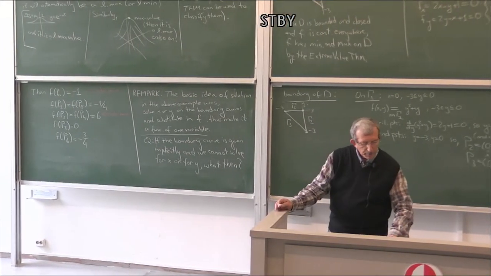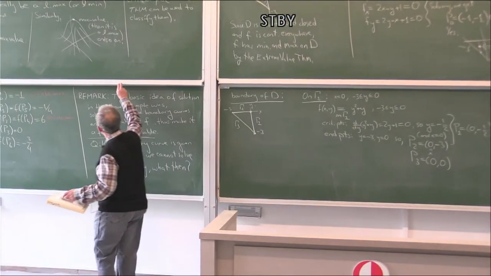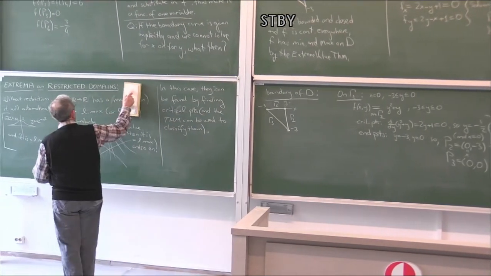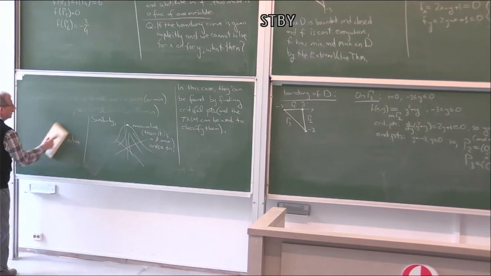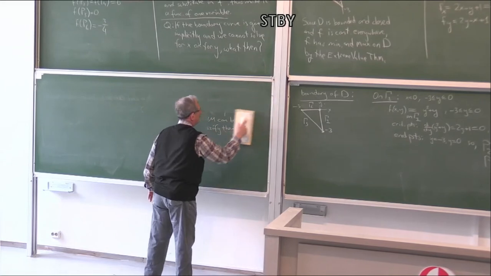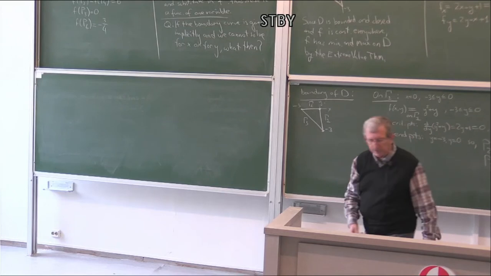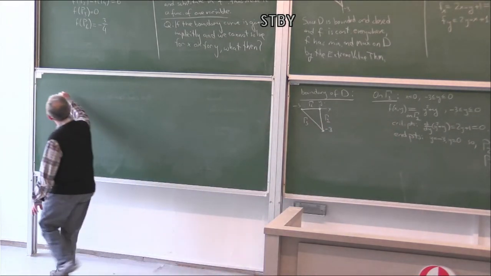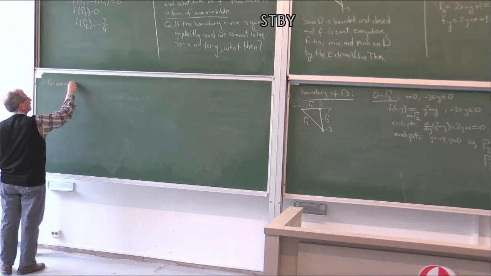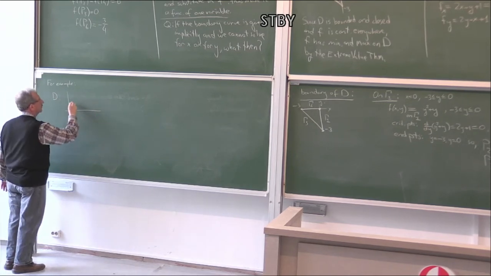Now, let me give you an example right away of how bad this could be. For example, consider this. Let D be something as follows.